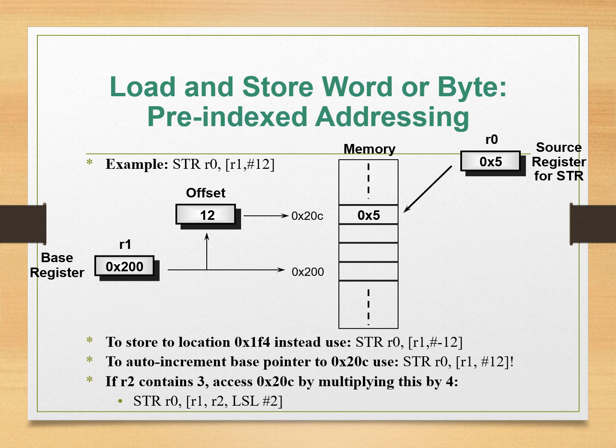To auto-increment the base pointer to 200C, you need to STR R0, [R1, #12] and then you put this mark, the exclamation mark.